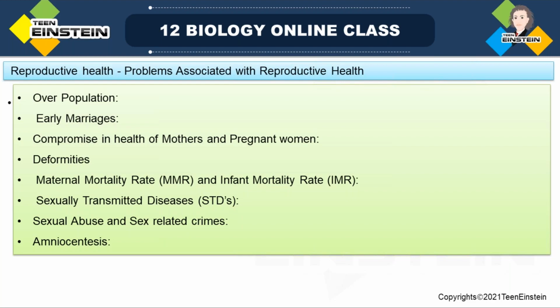Then next is sexually transmitted diseases. What do you mean by sexually transmitted diseases? They are transmitted through sexual intercourse, right? Sexually transmitted diseases are due to the lack of awareness about reproductive organs, contraceptives, other contraceptive methods, and other devices meant for sexual practices.